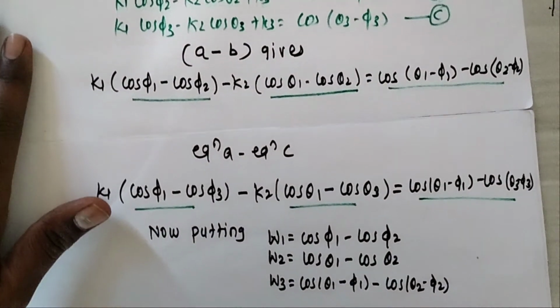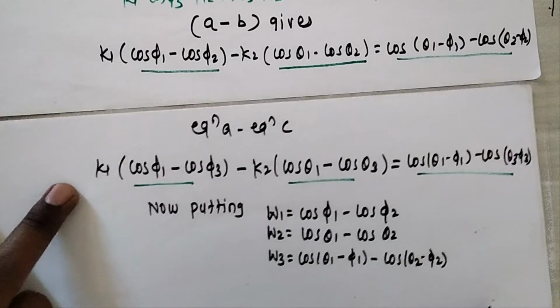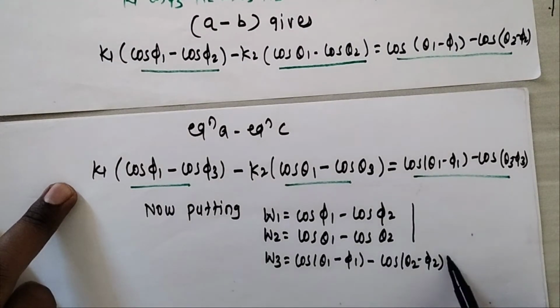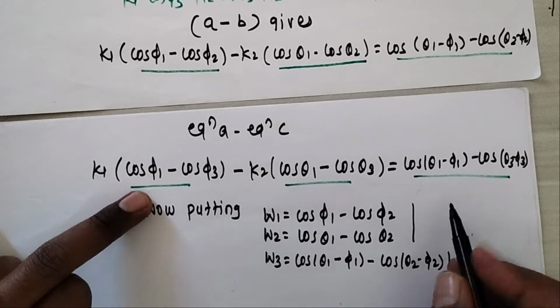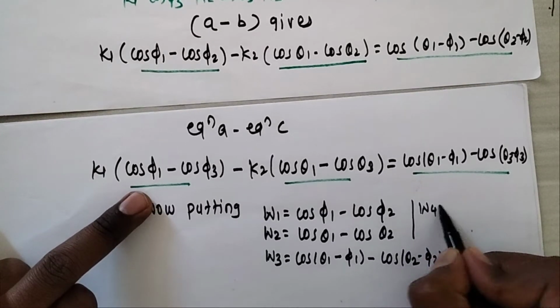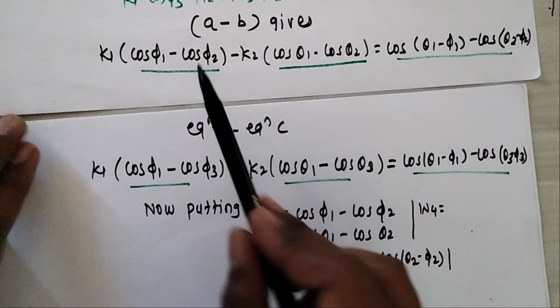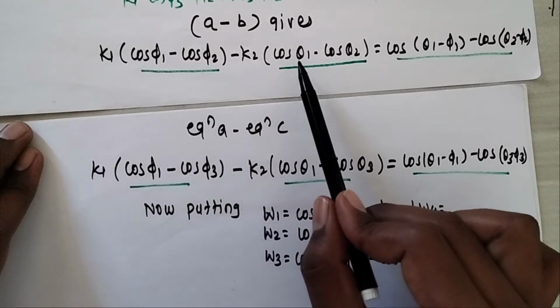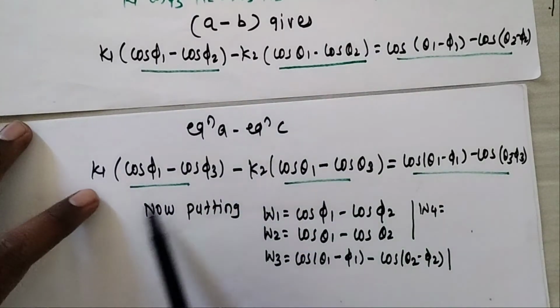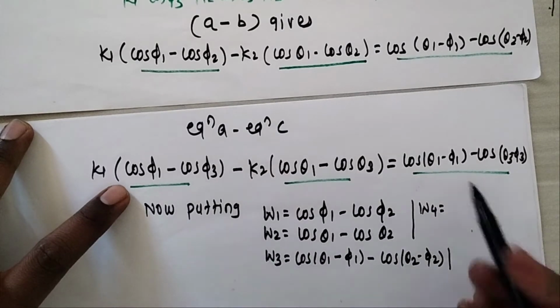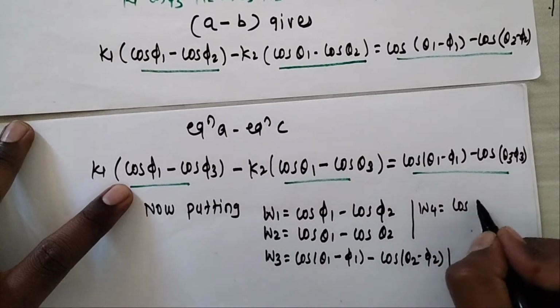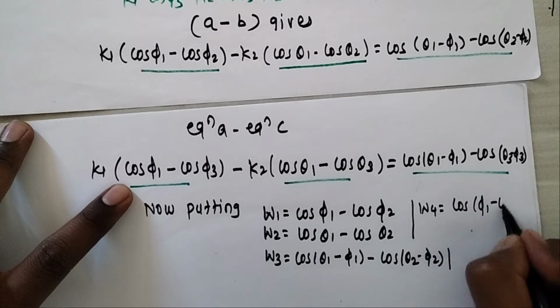Similarly, we can write from the second equation, so I am writing here, this one is 4. So W4 is equal to... the coefficient of K1 in the first equation is W1, the coefficient of K2 is W2, and this one is W3. In the second equation, the coefficient of K1 is W4, so it is cos φ1 minus cos φ3.